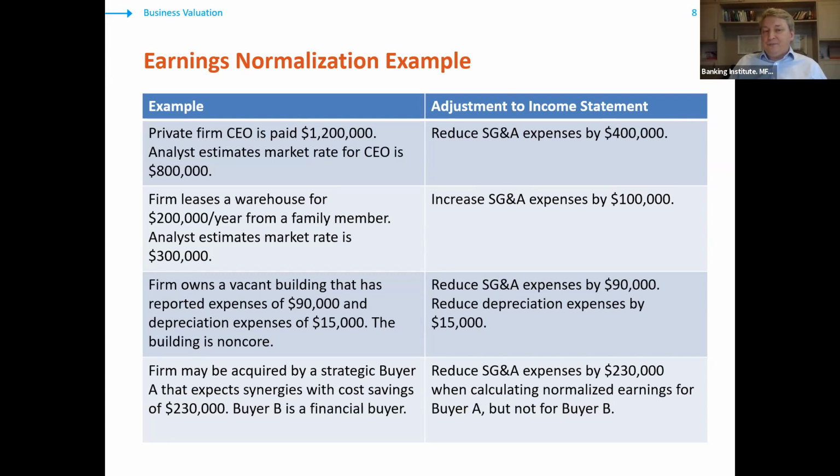Another thing, we go in to buy a firm, and we are a strategic investor, and we expect that when we combine our company and this other company, then our cost savings will be $230,000. And what should we do? If we are a strategic investor, then this cost savings will be our additional income.